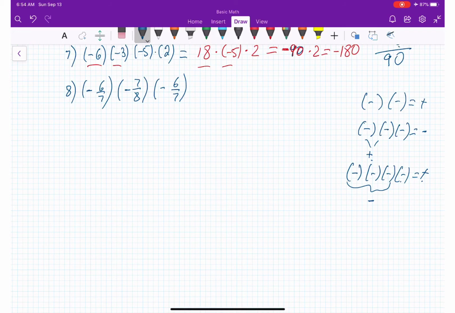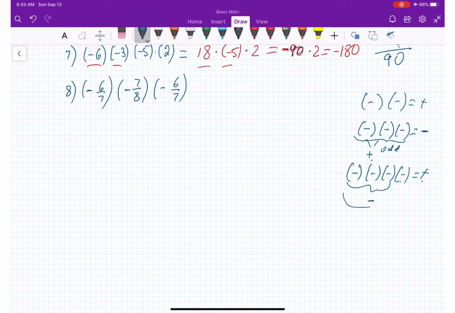So from here, the shortcut: when all numbers are negative, if the amount of negative signs is odd, then the product is negative. 5 negative numbers, 7, 9 negative numbers multiplied by each other, the result is going to be negative.